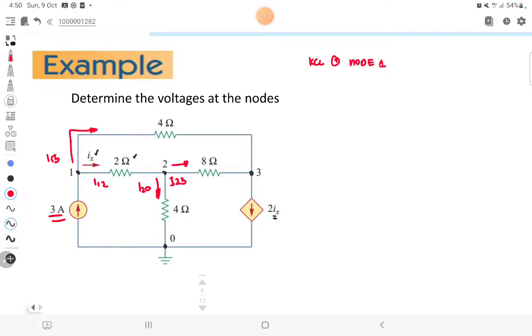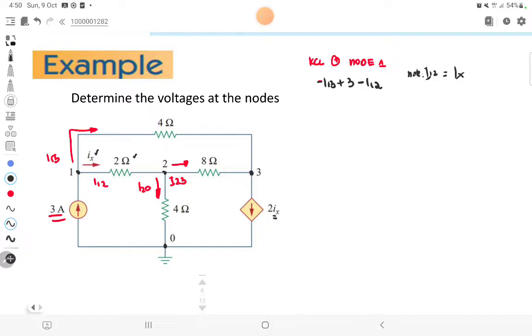So I would take my KCL at node 1. Therefore, what are the currents entering and going out of my node, equal to 0? I have my I13 going out of my node, so therefore this is negative I13, positive 3 ampere, and negative I12. Take note that our I12 is of course equal to my Ix.